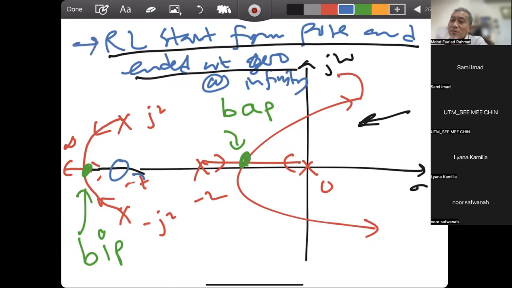Instead of ending at infinity, one will end at the zero, and the other will break in and go to infinity. So one goes to zero, one goes to infinity. So fair enough.